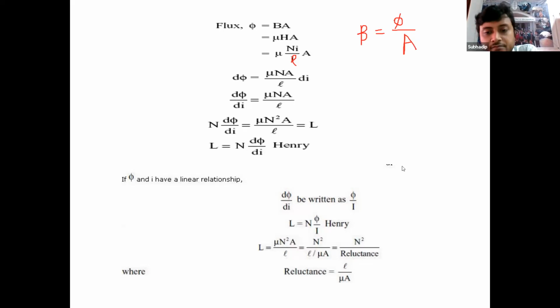In that case L will be equal to n into phi by I Henry. So L equals mu n square a by l equals n into phi by I. So n will become n square, so it becomes n square by l by mu a. So it is nothing but n square by reluctance.